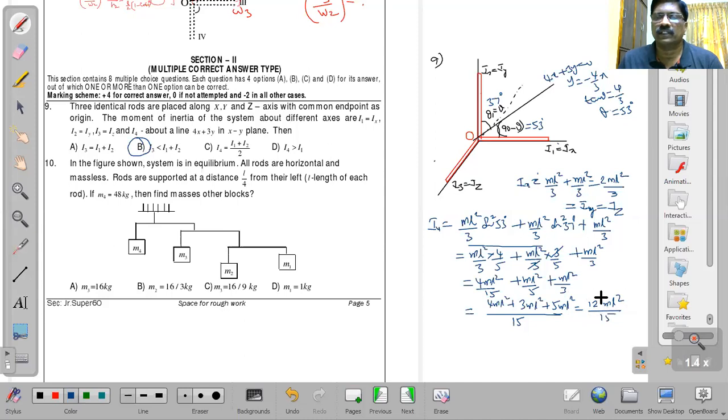Therefore that is equal to 4 ml square by 5. Okay, sorry, here you see sine square, that's why you will get 16 by 25 here.